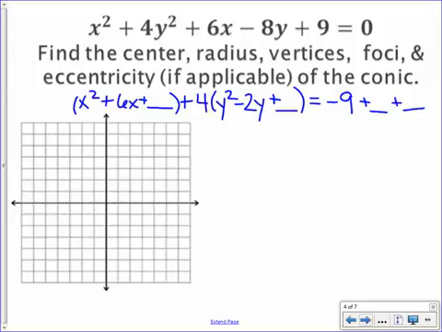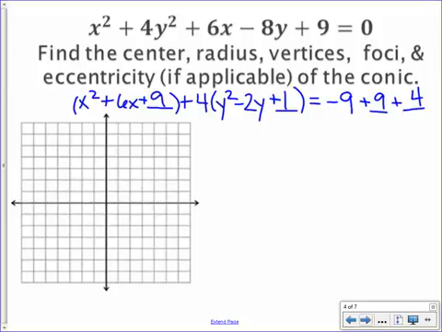So Courtney, what completes our square right here? 9. So I'm going to add 9 to both sides. All right? B, what completes our square right here? 1. But what number are we really adding? 4. So I'm going to add 4 over here.